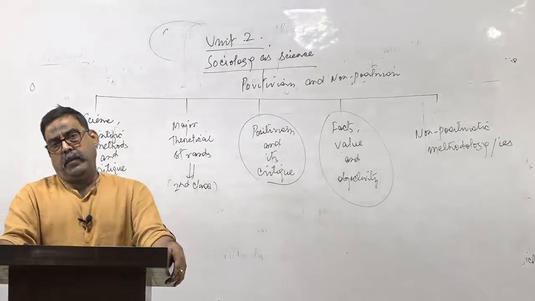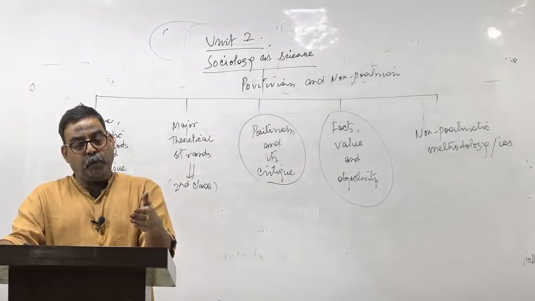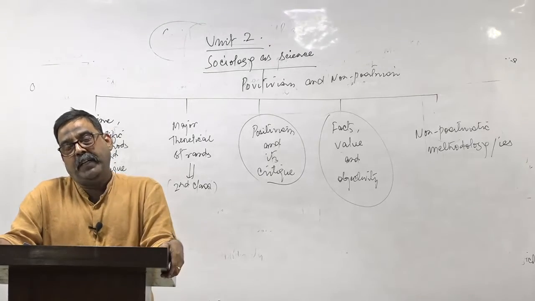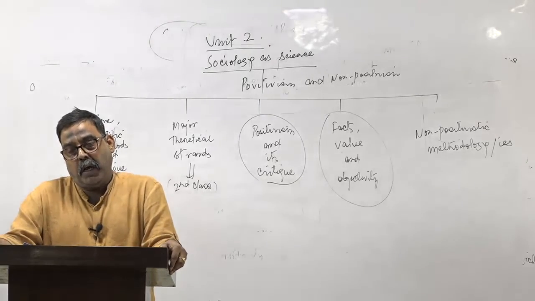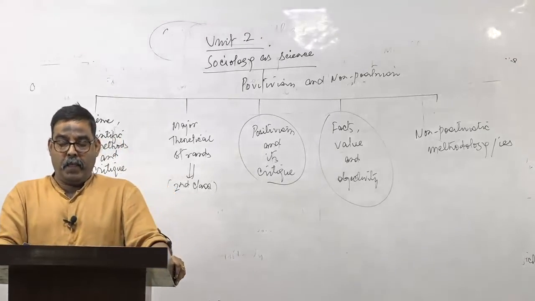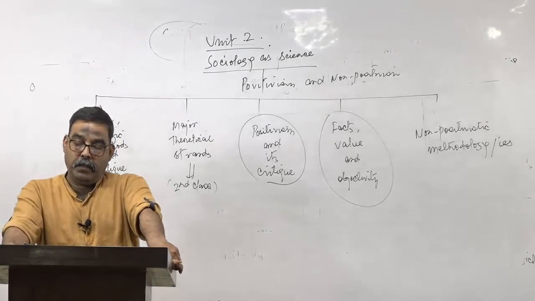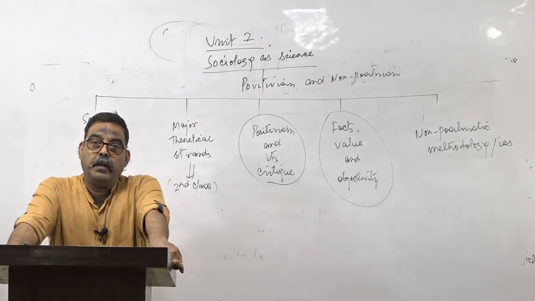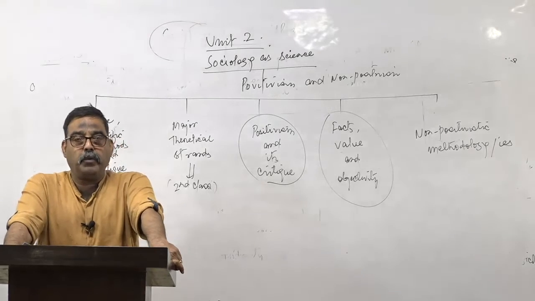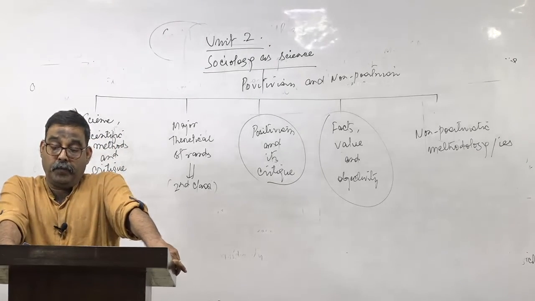The way sociology, which was perceived to be a science in which positivism has played an important role, now the idea has started emerging out. The debate is now intensifying in sociology that social science, primarily sociology, cannot be compared to that of the natural science.